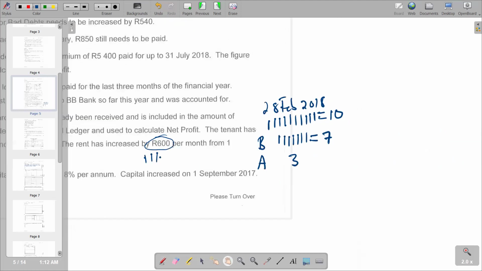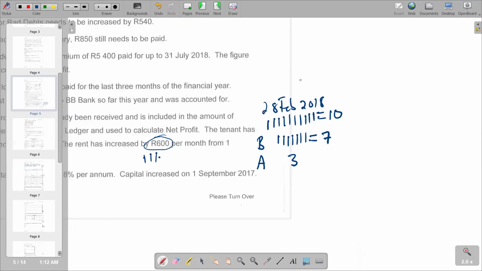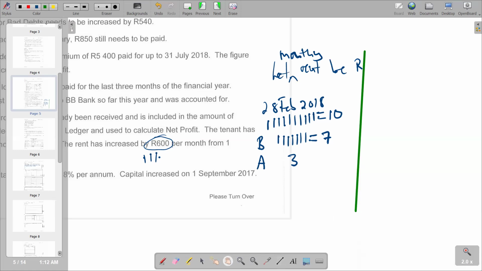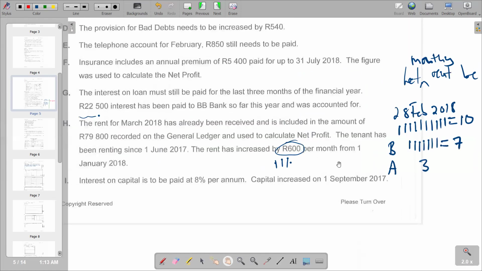So we let our monthly rent be R. And then we formulate our equation whereby before the increase it was 7R, and then we add after the increase where we have our 3 months. The answer will be equal to 79,800.